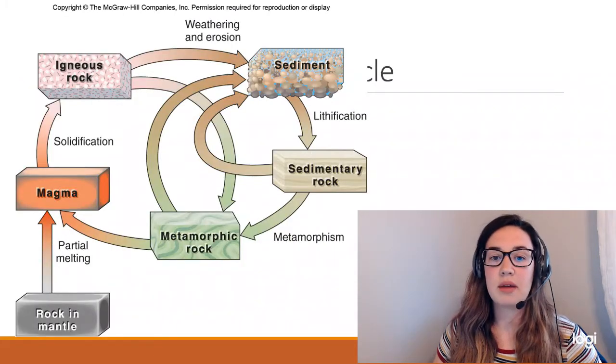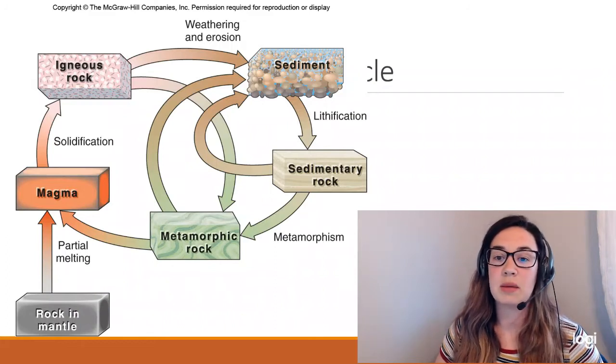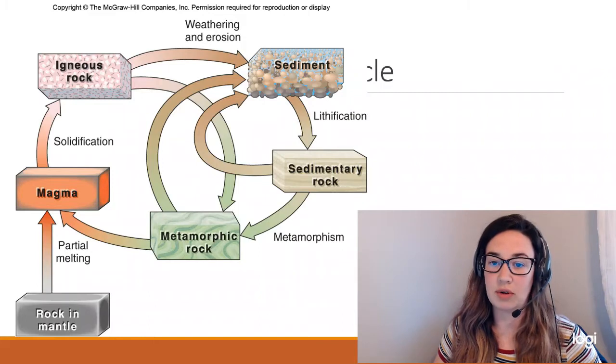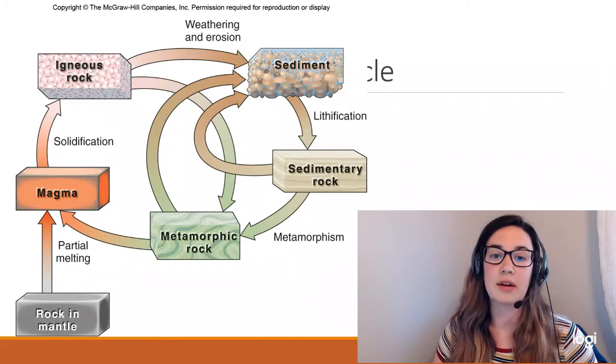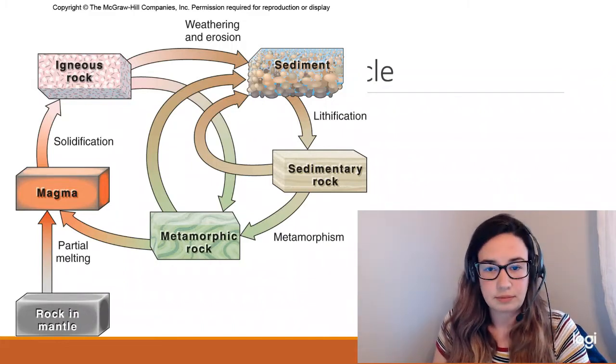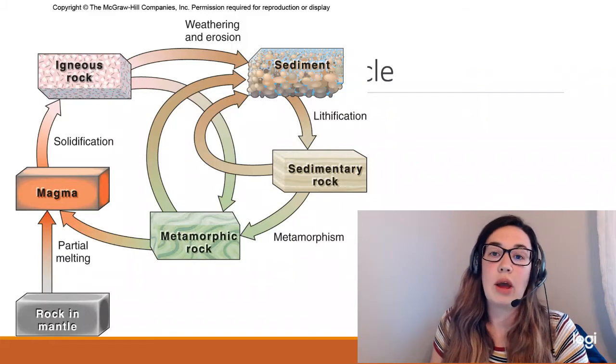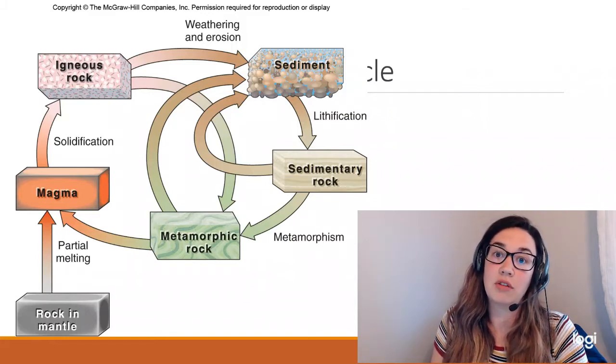Okay, so we have, you can see here, our igneous rock, our sedimentary rock, and our metamorphic rock, right? And so this is our cycle that's occurring. And so we have our igneous rock. Let's start there in the upper left-hand corner. And so we can have weathering and erosion that occur of an igneous rock.